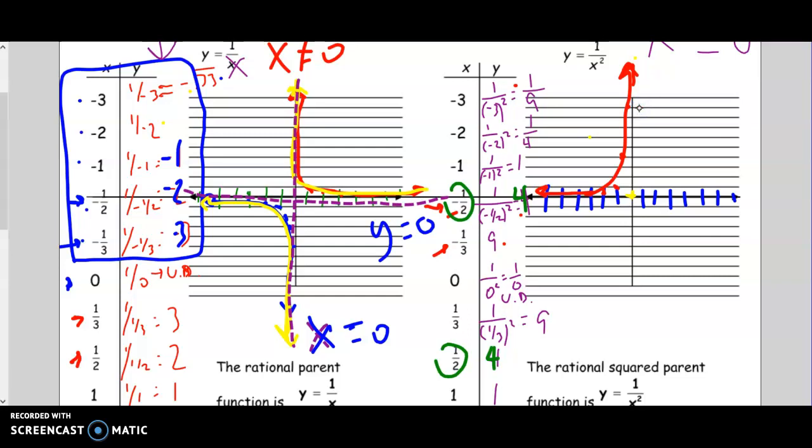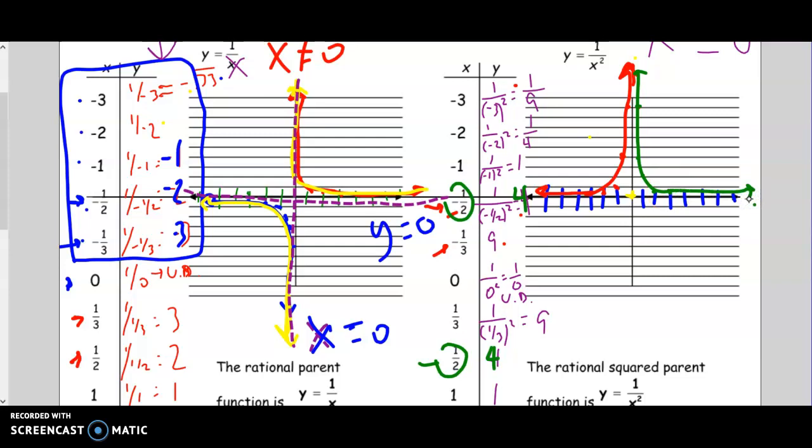There's some nice symmetry. Let's change colors. 1/2 and 4. 1, 1. What else? 2, 1, 4. So we're getting closer to 0. 3, 1, 9. So this end will look something like this.